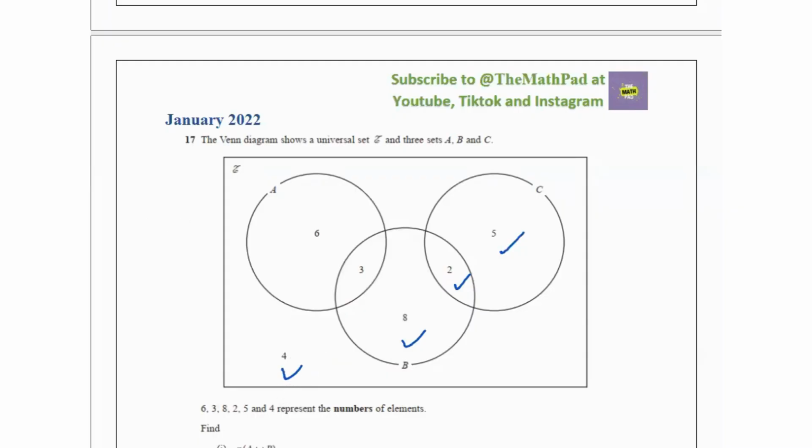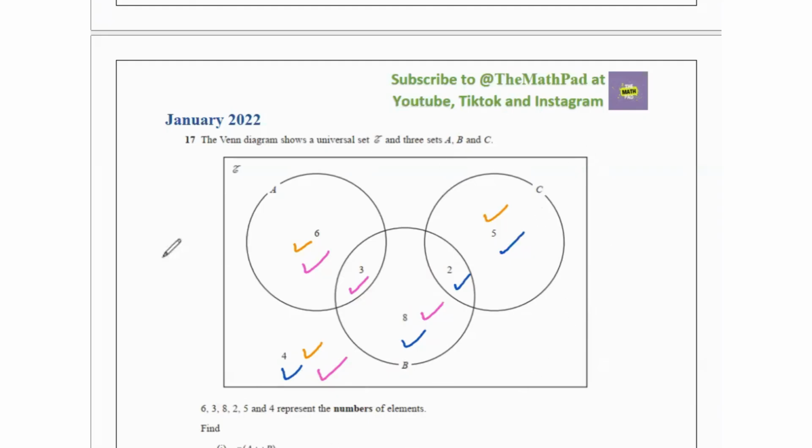B complement is going to be this and this. And C complement is going to be this, this, this, and this. So all of these are included when it's for A complement union B complement union C complement.